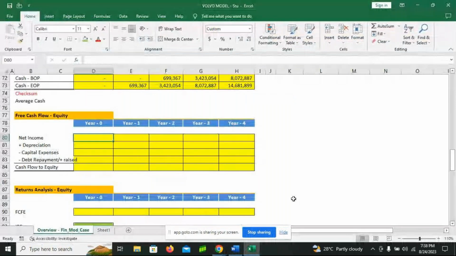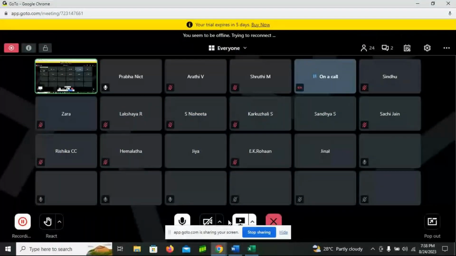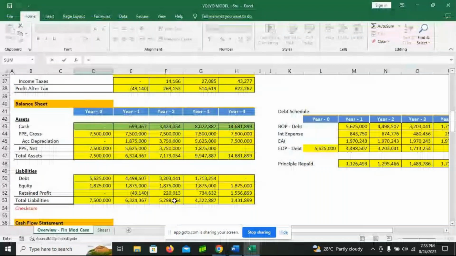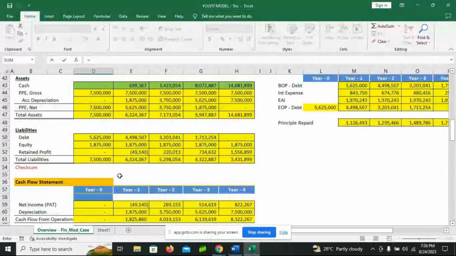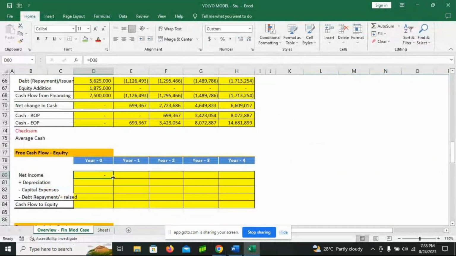So let's calculate the free cash flow. Here and drag it.